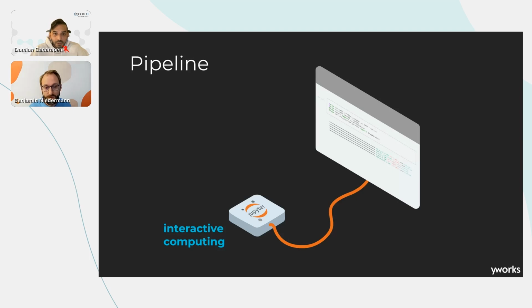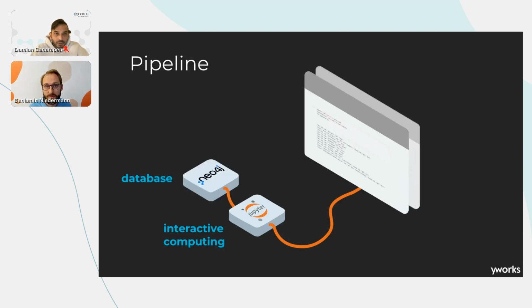And of course, you also need to somehow bring the data into the Jupyter environment. And to that end, for example, you can, of course, use databases like Neo4j. On the other hand, it's often very helpful to also visualize the analysis, also to visualize the data. And of course, there are multiple components that you can use. And we from yWorks also developed a component that you can use to create graph visualizations for this data analysis.